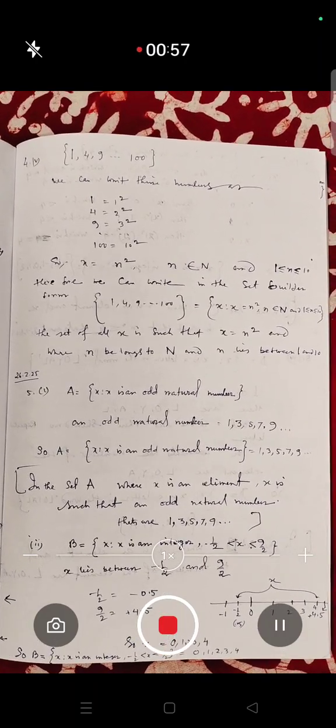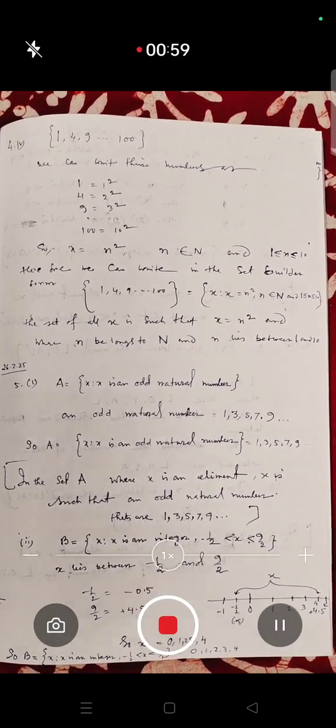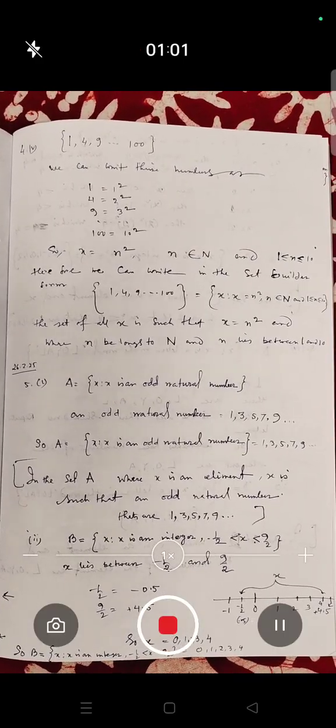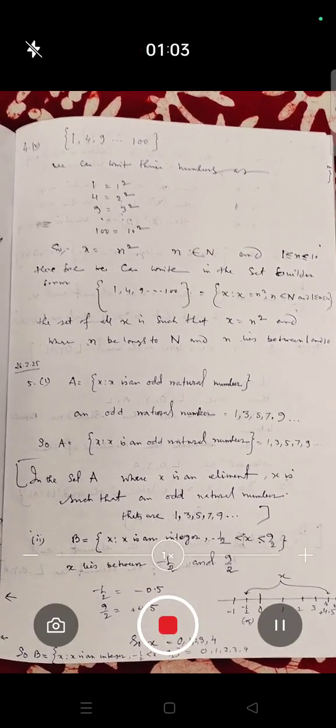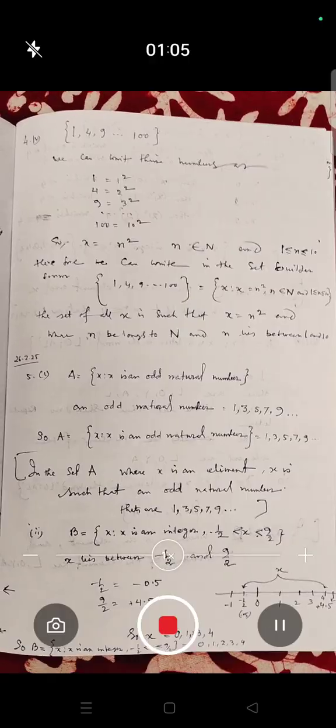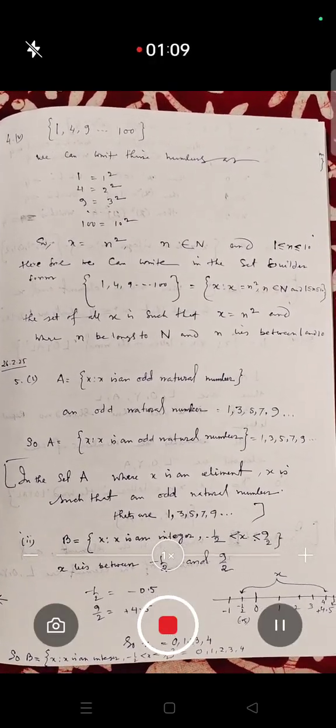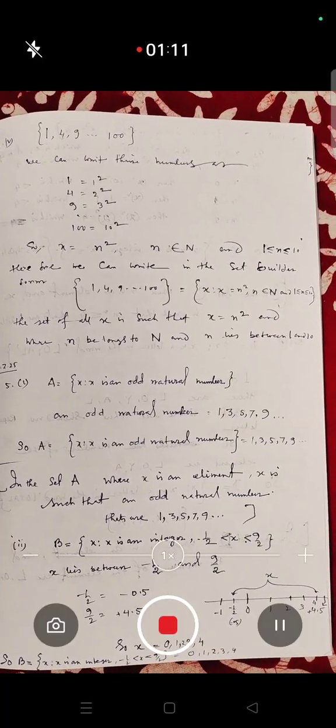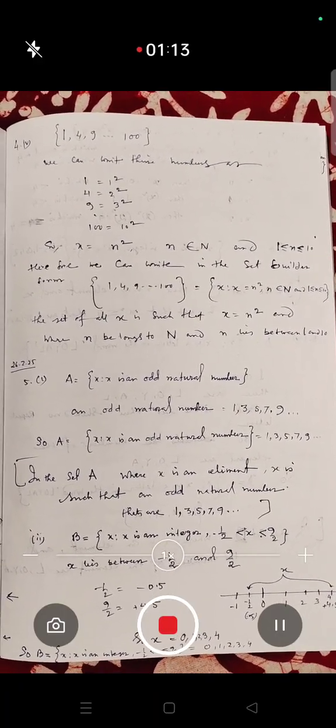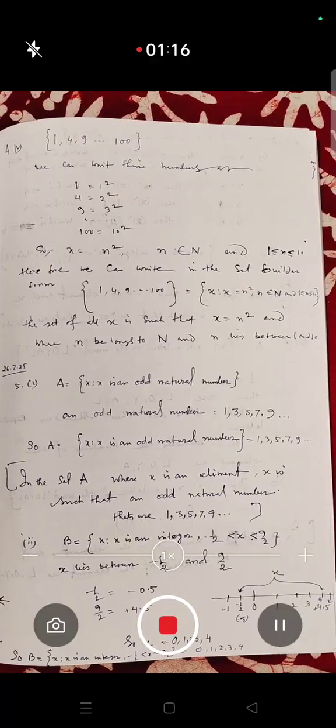Clear? In written form, we say in the set A, where x is an element and x is such that x is an odd natural number, the elements are 1, 3, 5, 7, 9. Understood? So next.